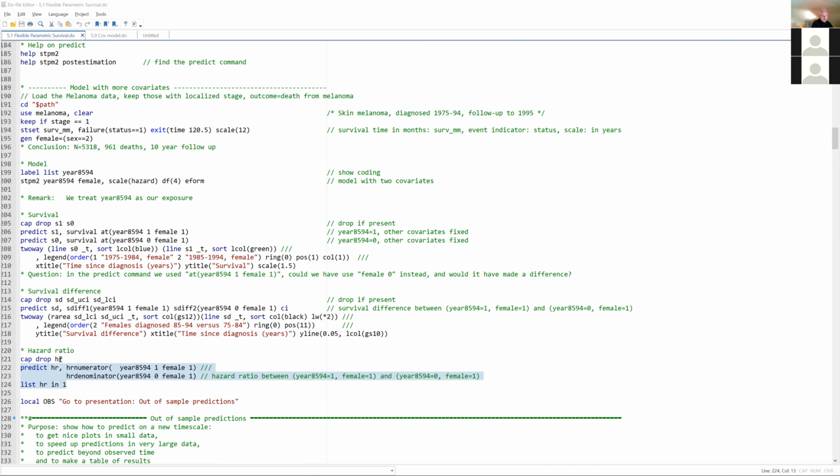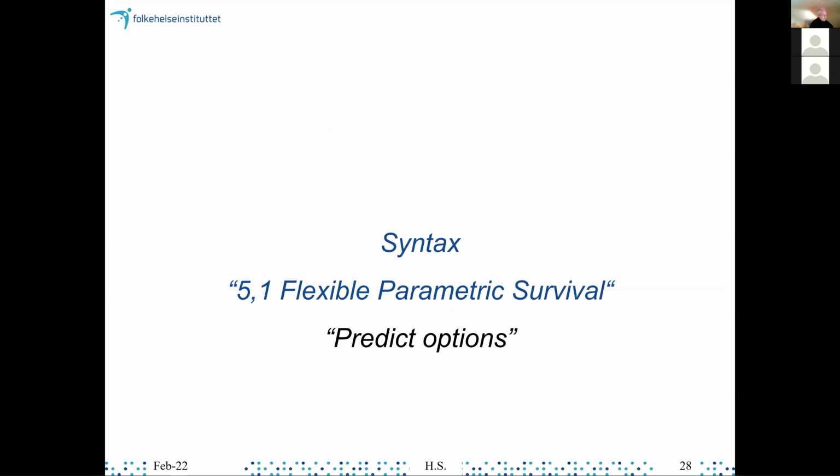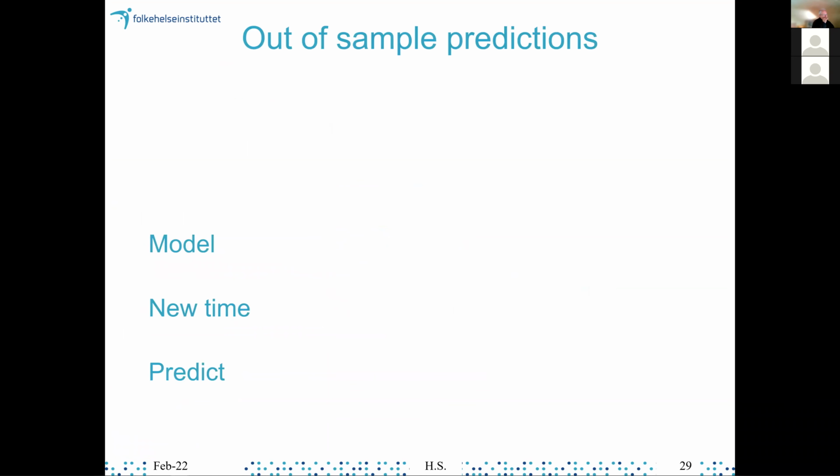Then let's take a look at the so-called out-of-sample predictions. When would we like to predict outside of the analysis times that we find in the data? So there's a question here first. We can also include covariates like in regression models. Yes, so these are very simple data sets where we only have one exposure and maybe one covariate that we're adjusting for, but it's just like in any other regression model.